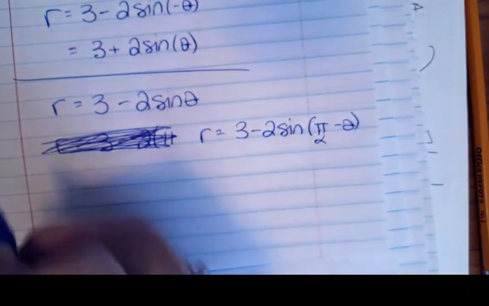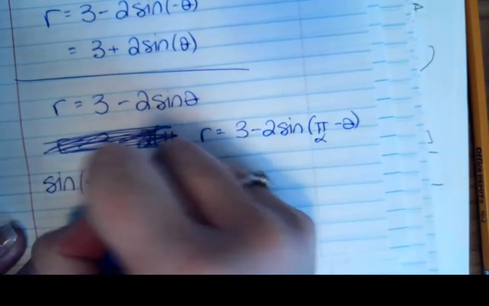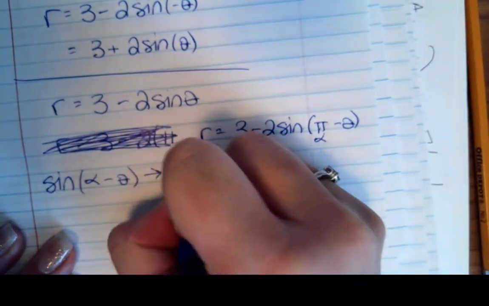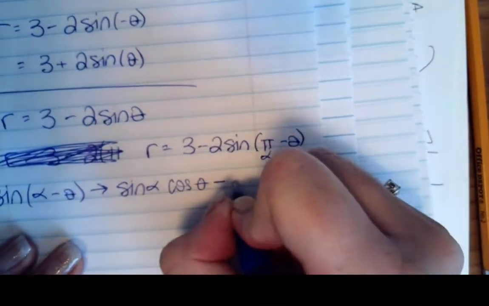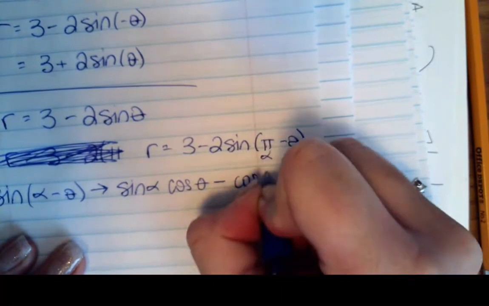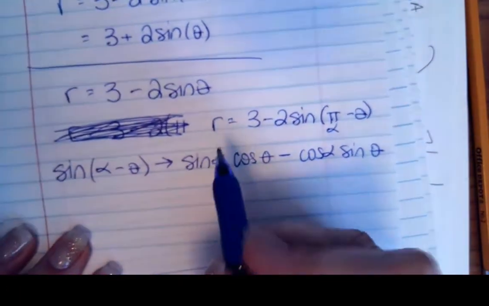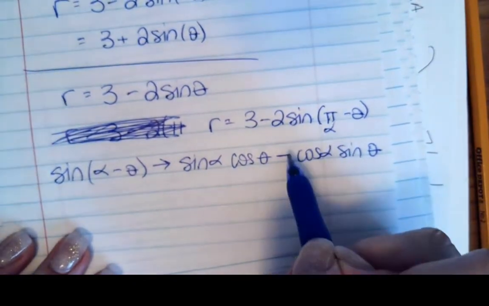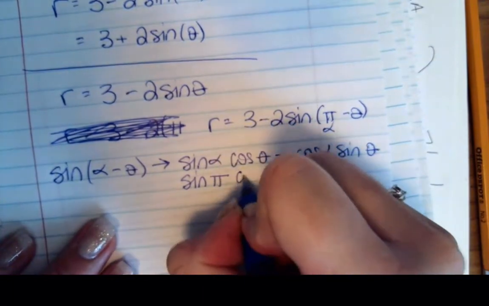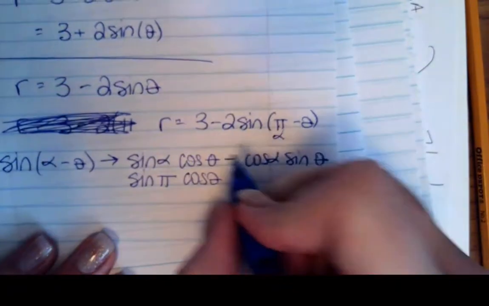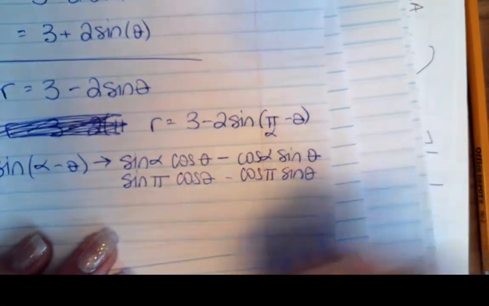Okay, so if I want to use the sine of alpha minus beta, I end up with sine alpha cosine beta minus the cosine of alpha times the sine of beta. Okay, so what's my alpha? My alpha is pi. So I've got the sine of pi times the cosine of theta minus the cosine of pi times the sine of theta.